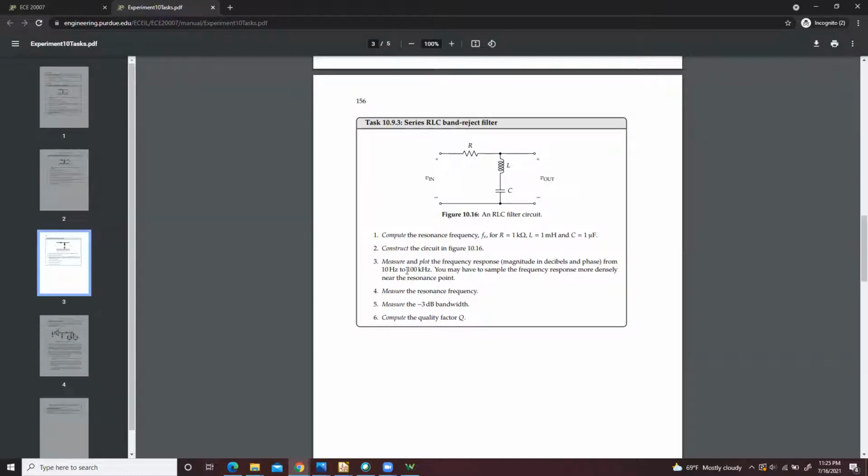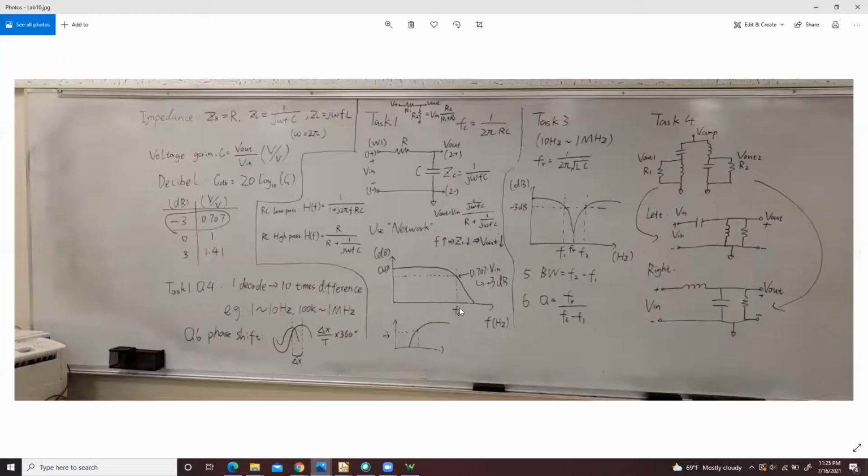One thing you need to know here: although it's mentioned that you sweep the frequency from 10 Hertz to 100 kHz, 100 kHz is actually not enough for this plot. You want to make sure you sweep from 10 Hertz to at least 1 megahertz. If you only sweep until 100 kHz, you're not going to see the second negative 3 dB point.